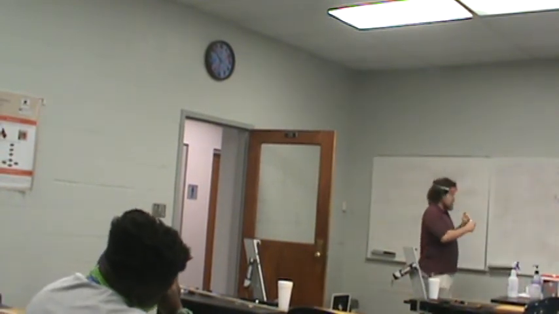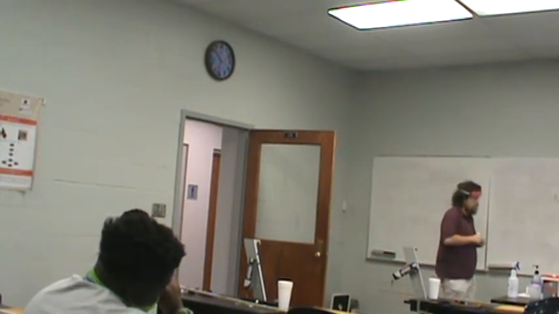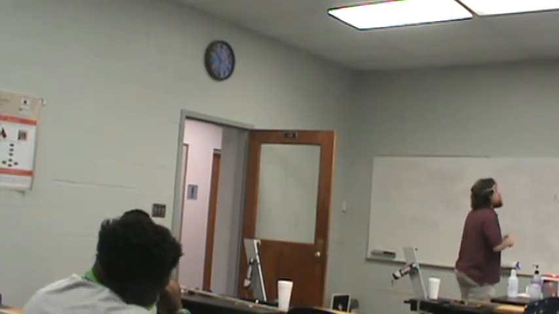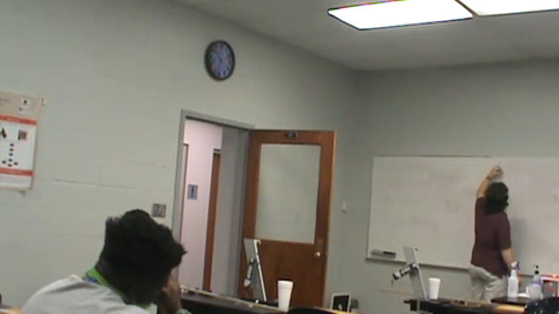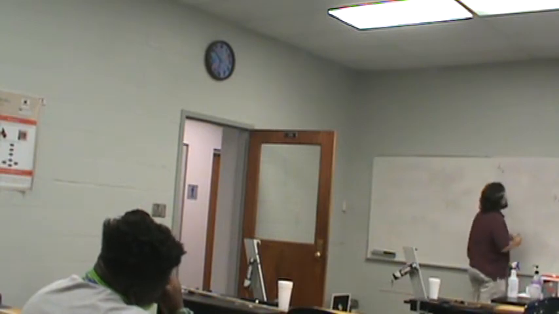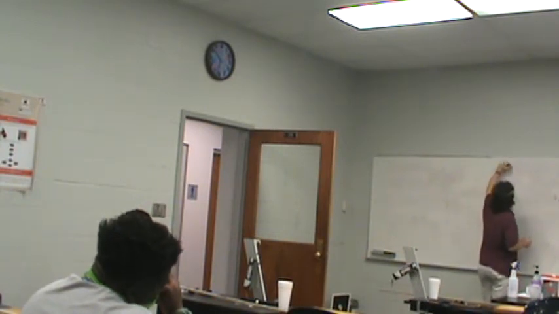So let's start listing what we do know and what we want to know. We're told our initial location in the y-axis is at the top of a 9-meter tall cliff.